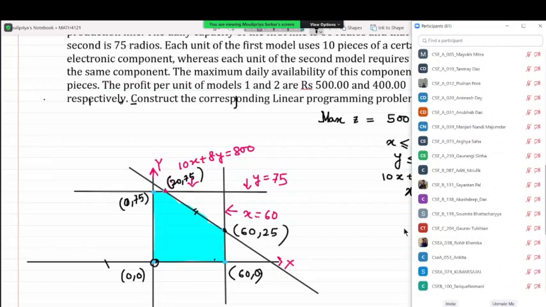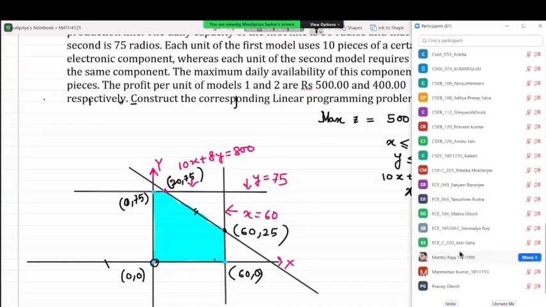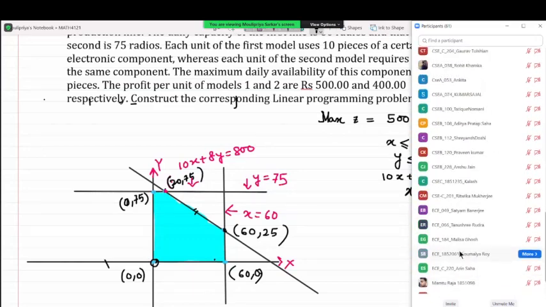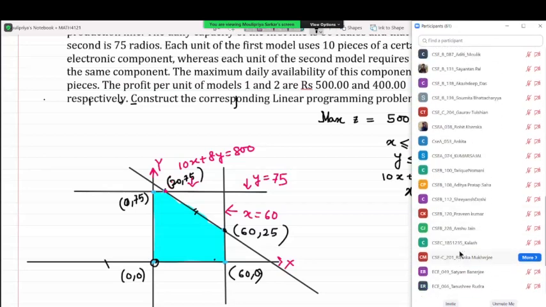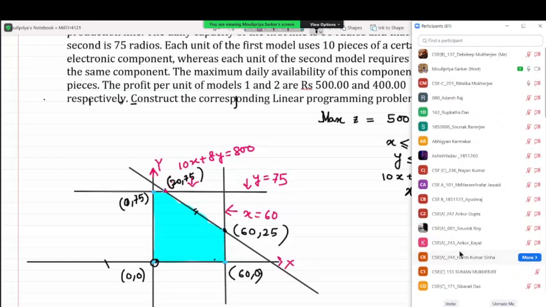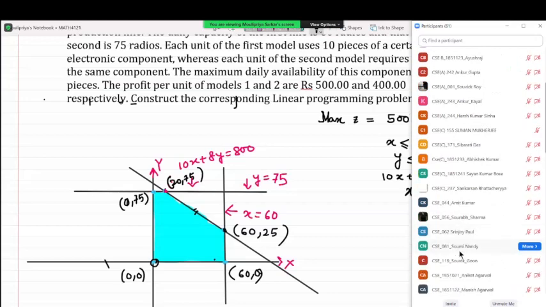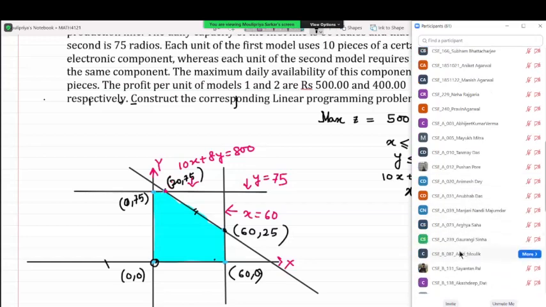The further a corner point is away from the origin, the higher the value it is going to give for a maximization type of problem. So we need to see only at (20, 75) and (60, 25), because they are apparently farthest from the origin.